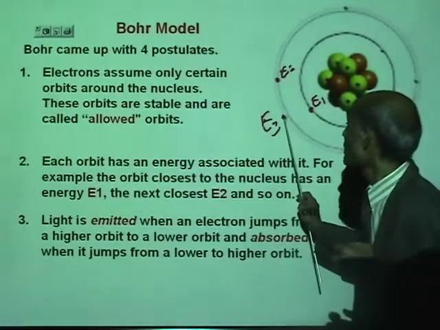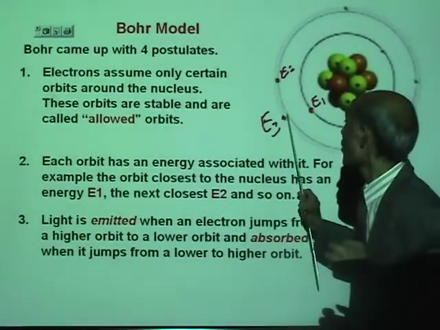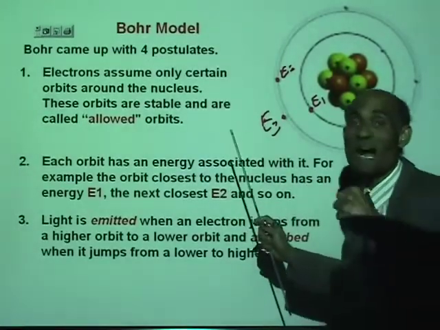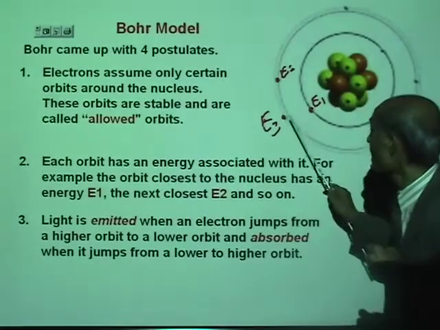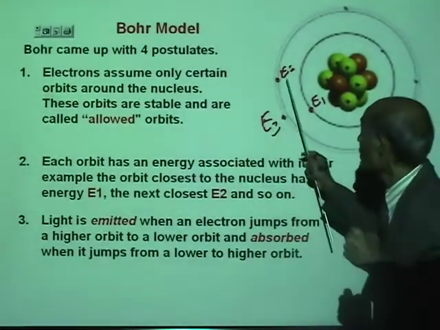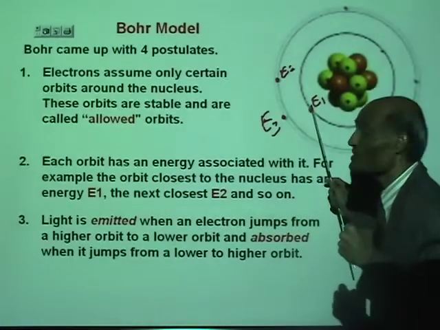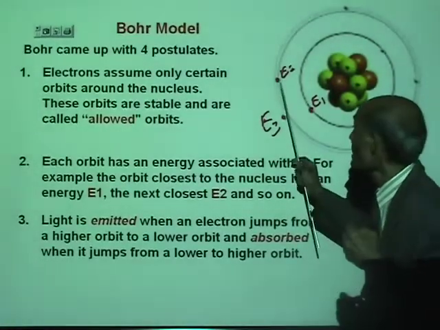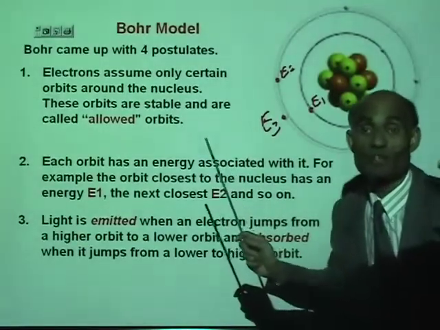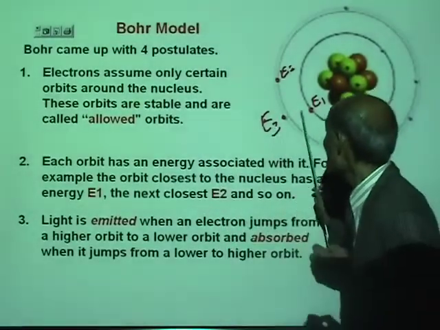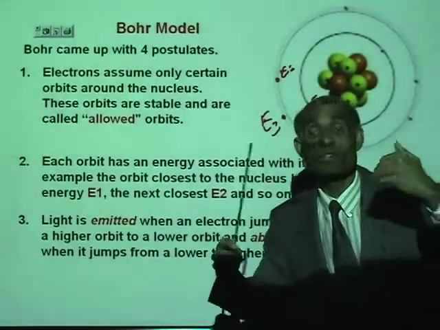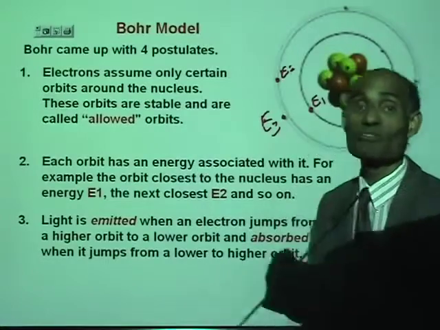Now, when it goes from the third orbit to the first orbit, it throws away E3 minus E1. Look at that. The energy E3 minus E1 is greater than the energy E2 minus E1. So, if E2 minus E1 gives off a red photon, then E3 minus E1 will give a blue photon. You see, different photons correspond to different energies.